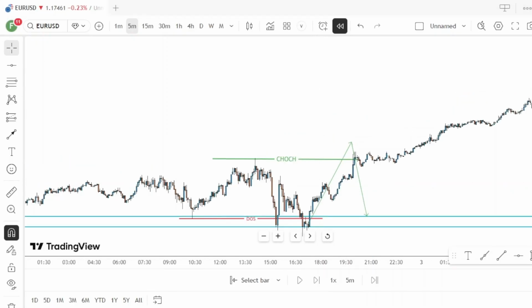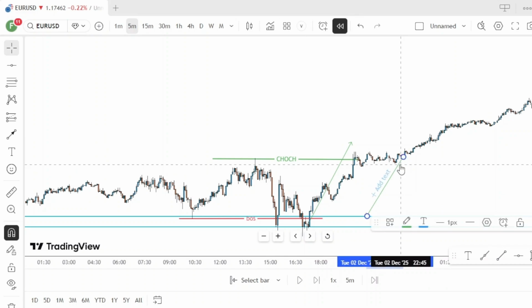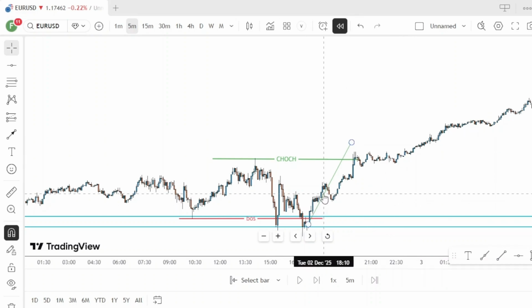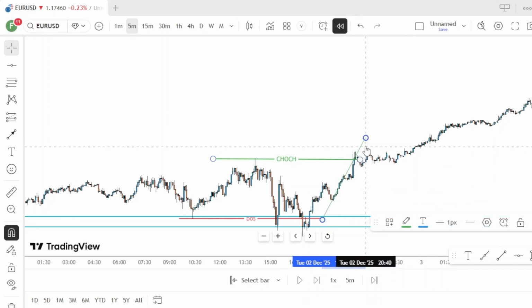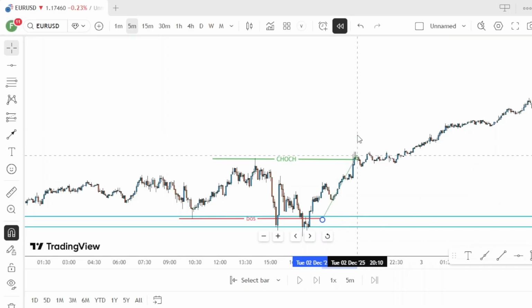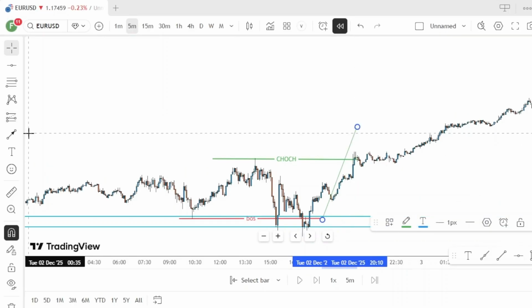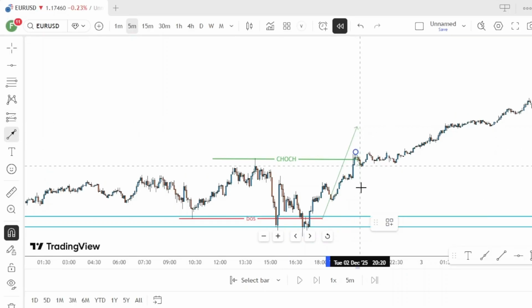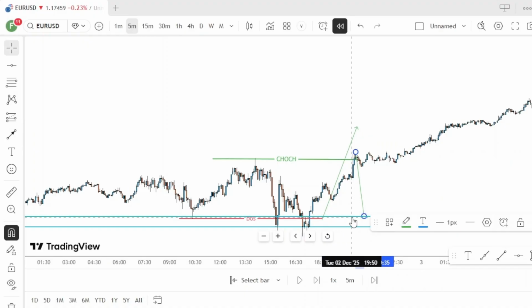So let's assume I have this setup after the market has broken structure to the upside like this. Follow the arrow so you can understand how I do my entry. The market has broken structure to the upside. What I'm waiting for is for the market to retest my point of interest, which is my imbalance zone.